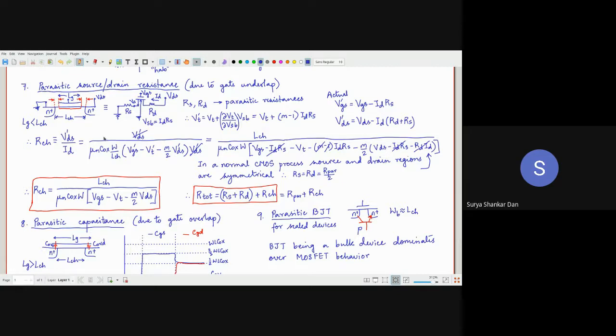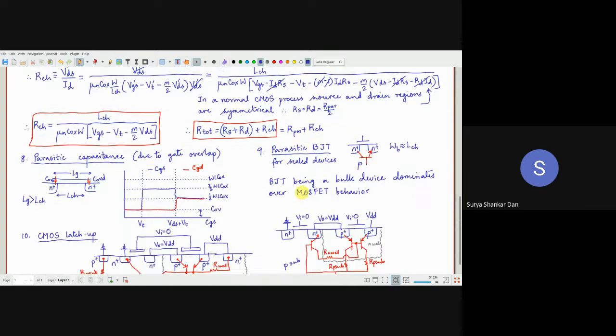So as an engineer, whenever you are taking an underlap, you don't need to bother about RCH, but you will have to bother about RS and RD. RS and RD will be provided by the process people. Those who have done the process technology will give you, through measurements and experiments, the value of RS and RD, and you can go on doing your circuit designs.